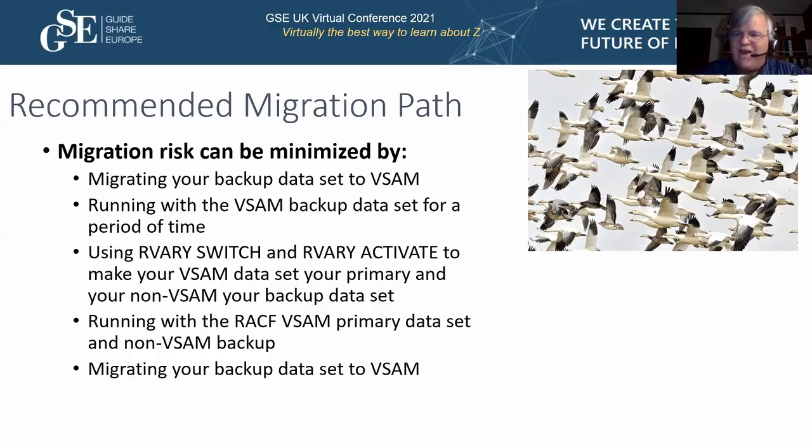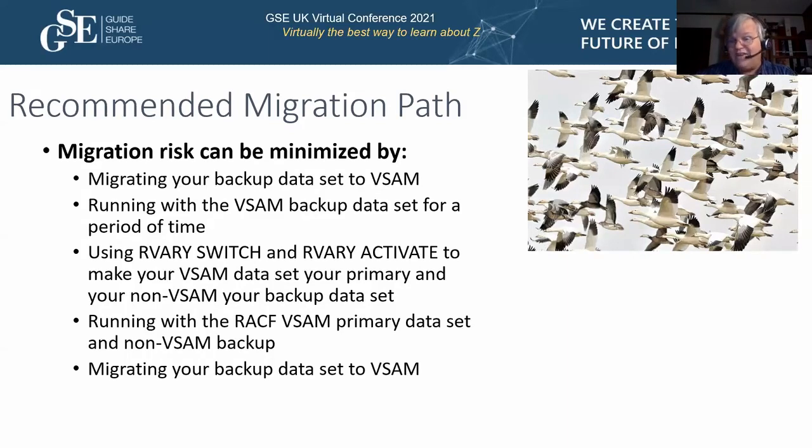But just like we did back then with the restructured RACF database, we recommend that you do this process to your backup data set. Then you run with a non-VSAM primary and a VSAM backup for some period of time to get yourself comfortable and confident that the processing works. Then you do the RVARY SWITCH to swap your primary and your backup.